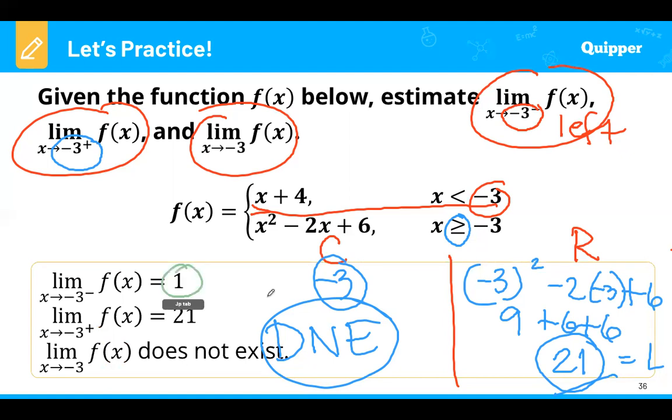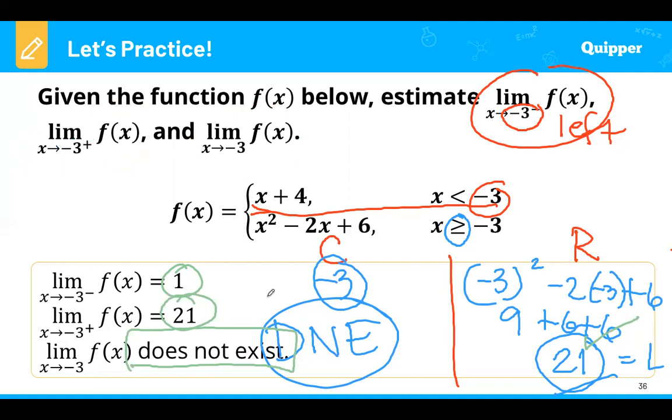And then limit of f of x, if x is approaching negative 3 from the right, we have 21. They are not the same, so does not exist, or D and E. That's the shortcut for does not exist. Is that clear? Clear, huh? Okay.